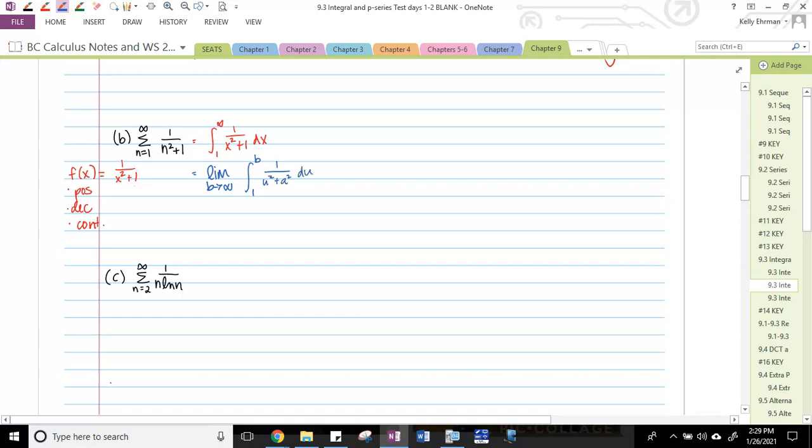We don't have any substitutions to make because u is equal to x, du is dx, a is just 1. So maybe you don't even write that little substitution, I don't know. Next step is to come up with the antiderivative. So the limit as b approaches infinity of, now normally arctangent is 1 over a, a is 1, so I'm just going to write arctangent of normally u over a, but I'll just write x, from 1 to b.